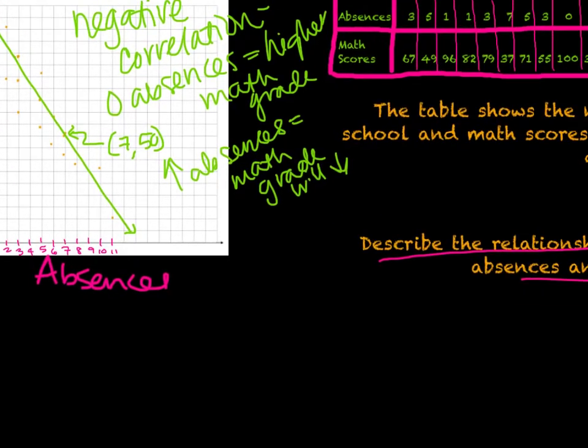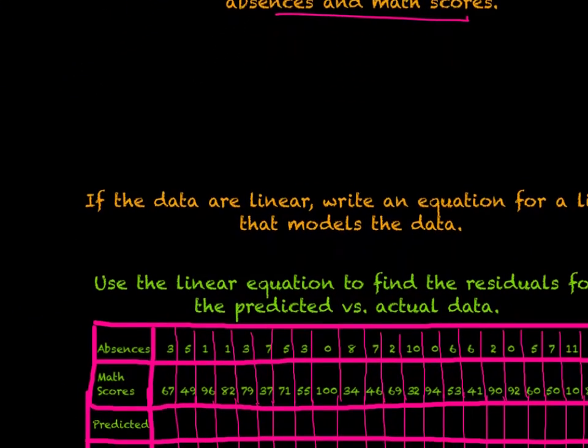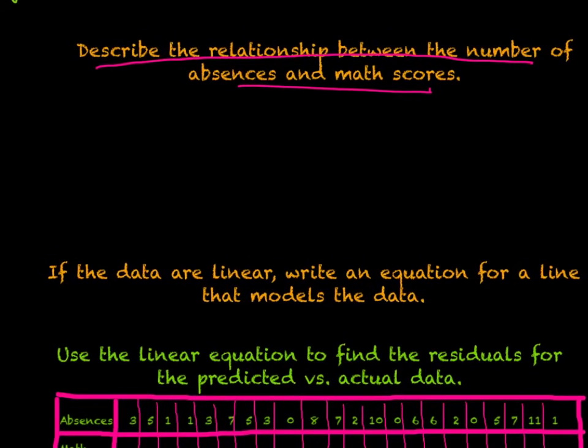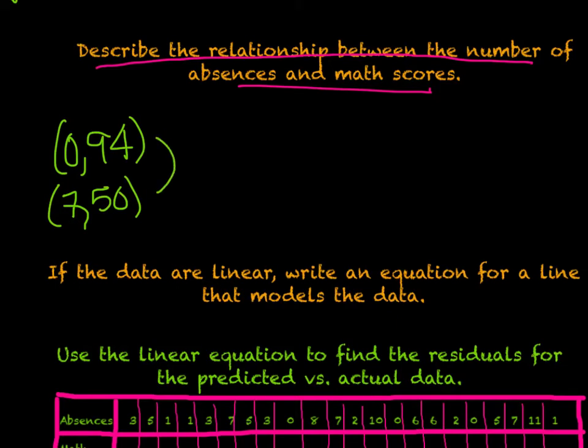Our next question: if the data are linear, write an equation for the line that models that data. We had the points (0, 94) and (7, 50) as our data points. I am seeing a decrease, my rise, of negative 44, and my run is an increase of 7.